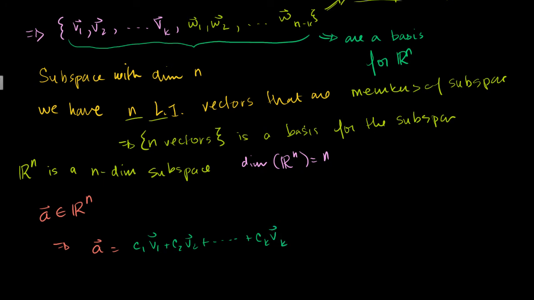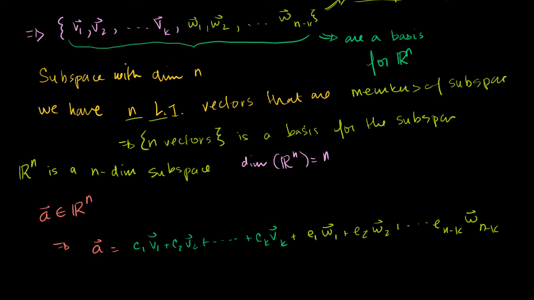And then let me use a different letter just to make sure that you understand that this is a different equation than I wrote earlier in the video. So I could have some other constants. Let's say plus e1 times our v perp basis vector 1 plus e2 times this guy plus all the way to e(n minus k) times the n minus k basis vector for v perp. I can represent any vector in Rn this way.